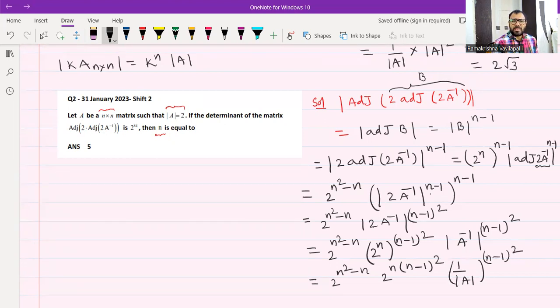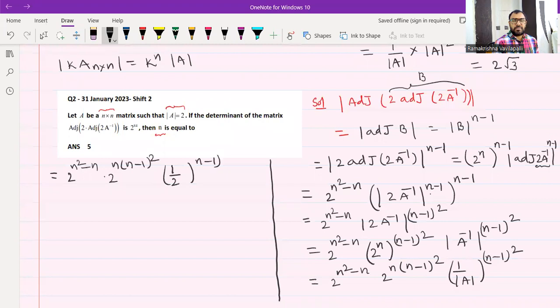So I'm doing this question further here. This is equivalent to 2 to the power of n square minus n. It seems to be a little lengthy calculation, but still the question is simple. Here the det A value is given as 2, so this is 1 by 2 power n minus 1 whole square.